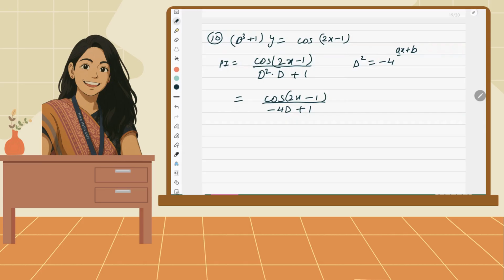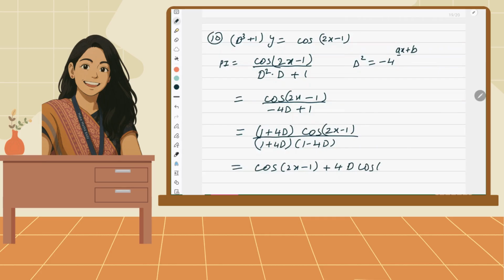Okay. Now next step, since I have this, I need to rationalize. So 1 plus 4D, 1 plus 4D, 1 minus 4D and cos of 2x minus 1. Open the bracket. In numerator, and denominator apply a plus b, a minus b.